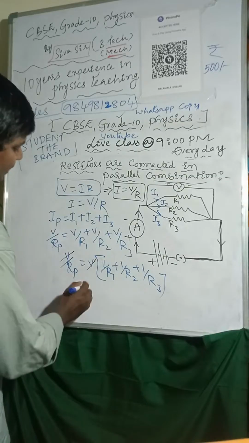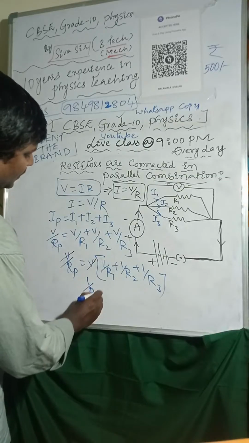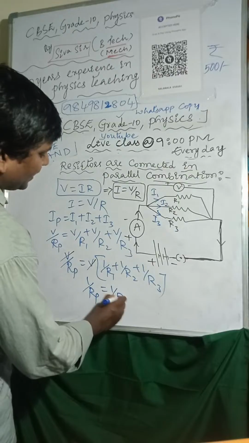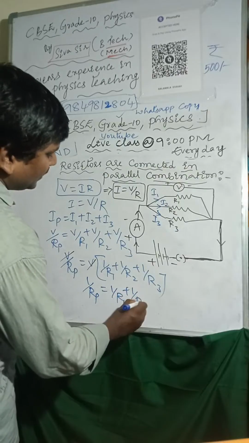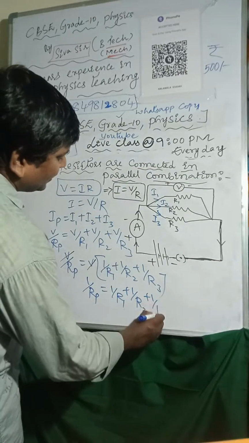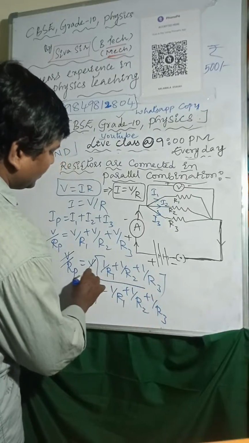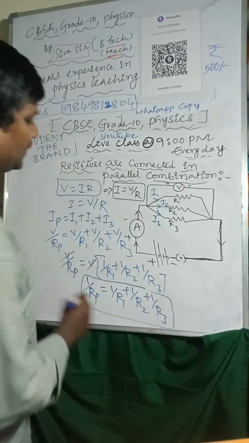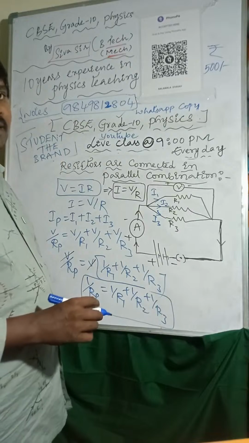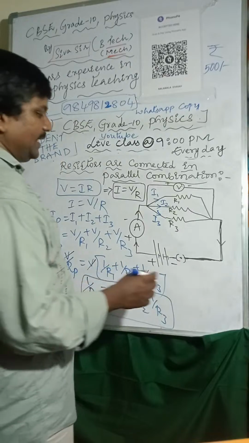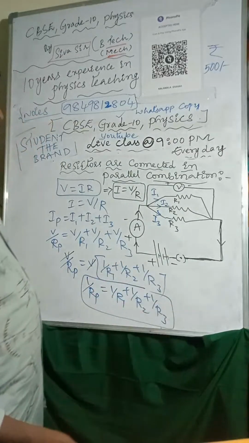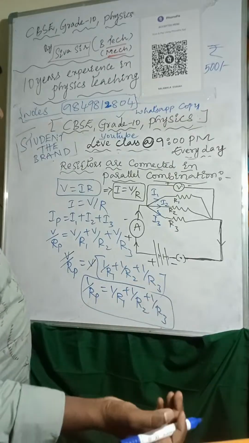So the formula is 1 by RP equal to 1 by R1 plus 1 by R2 plus 1 by R3. Clear?